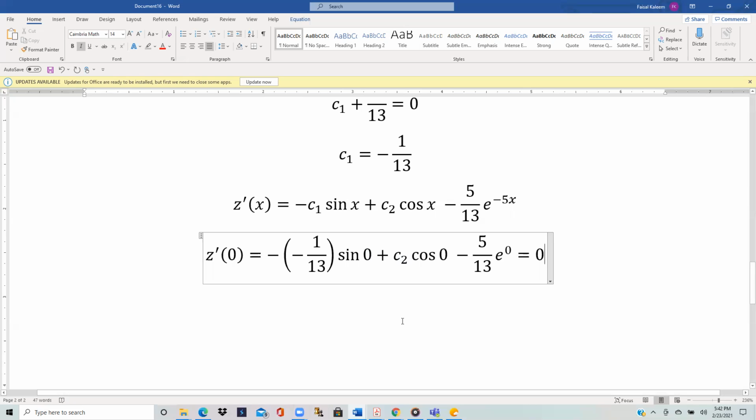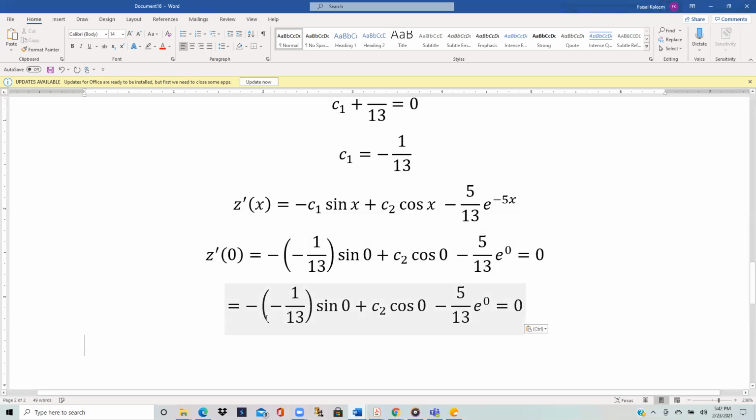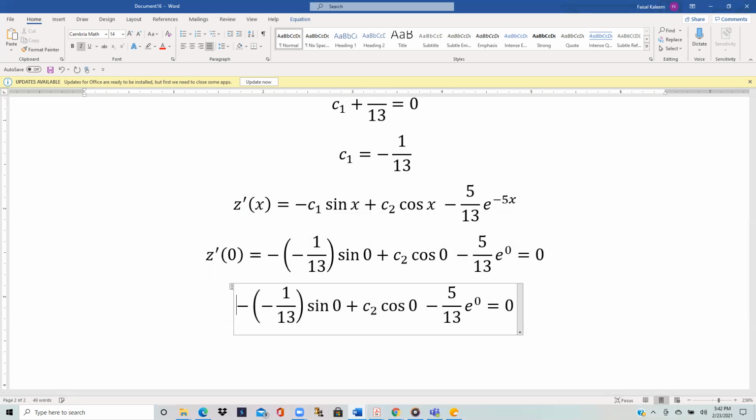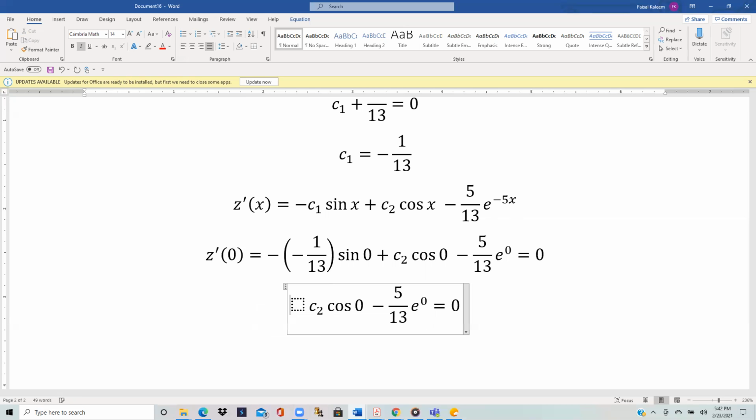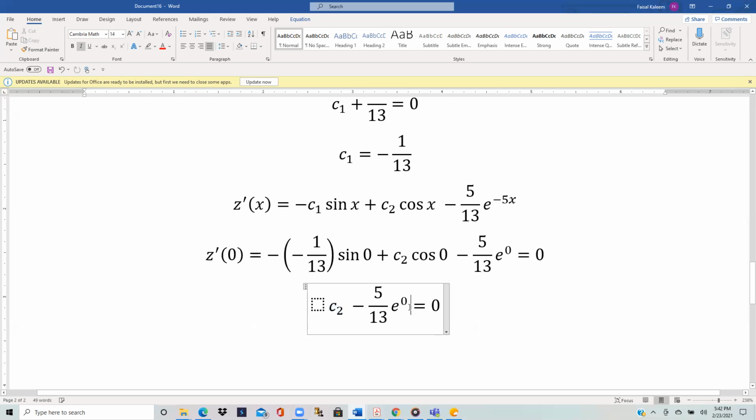Sin 0 is 0, so that term is gone. Cos 0 is 1, and e to the 0 is also 1. So we get c2 is equal to 5 over 13.